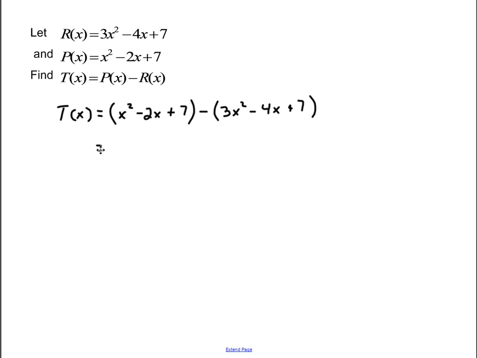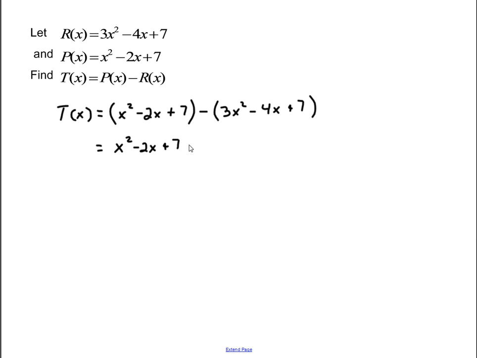So this is just like every other addition subtraction problem we've done. We're just going to drop our parentheses. In the first case, we could just drop it by taking x squared minus 2x plus 7, and then distributing the negative to each term inside the parentheses. Be very careful to make sure that you do that.